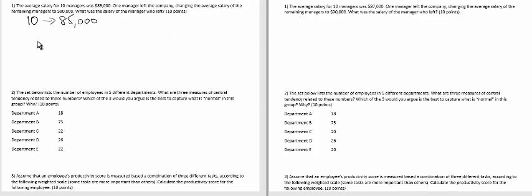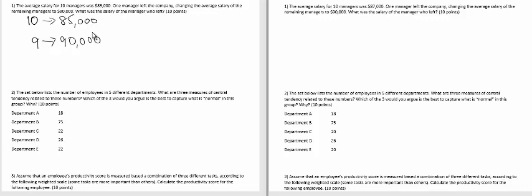Well, okay, that leaves us with 9 managers, and that changes the average salary of the remaining managers to $90,000. So these remaining managers average $90,000. What was the salary of the manager who left?